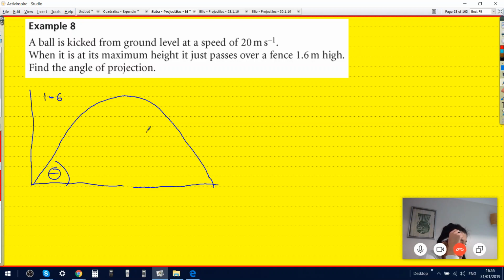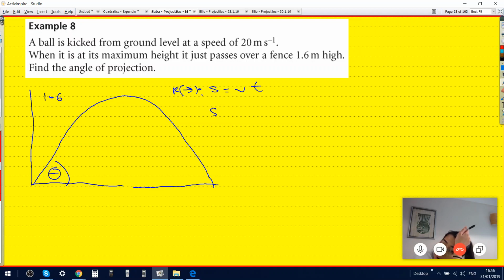I don't want to do that. Because 20 sine x t minus 4.9 t squared equals 1.6. Let's see, what would happen if you did s equals vt? Oh no, s is horizontal, isn't it? I haven't worked out. Oh, you can't work out.